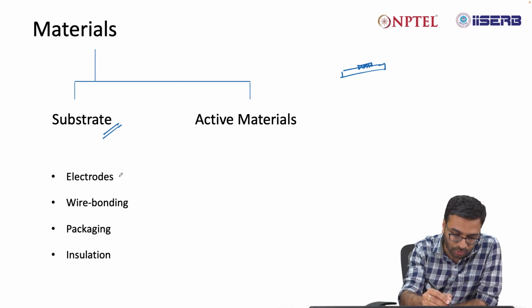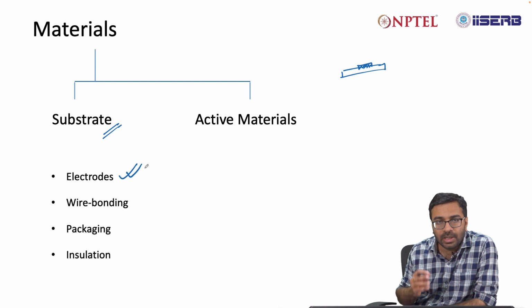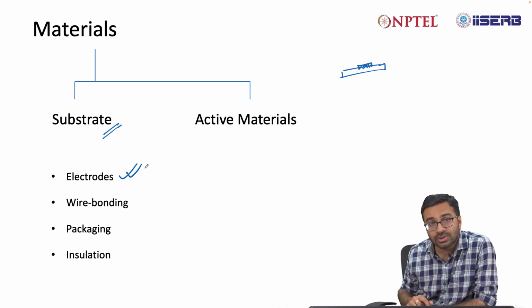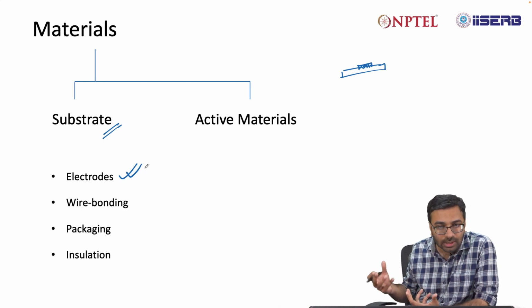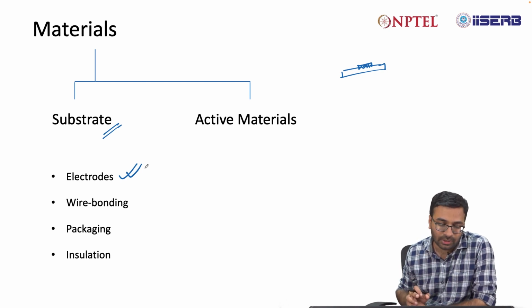One is the electrodes, right? Because when you make a sensor, it can be a 2 electrode system, it can be a 3 electrode system, it can be a multiple electrode system as well. So it's very important that you choose a material which is suitable for that particular sensor application.